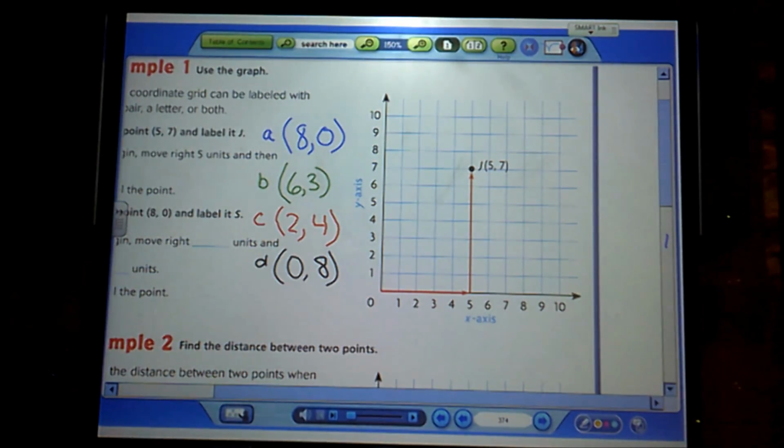Please don't forget to mark yourself on a scale of 1 to 4 on your comfortability and your progression of our learning scale.